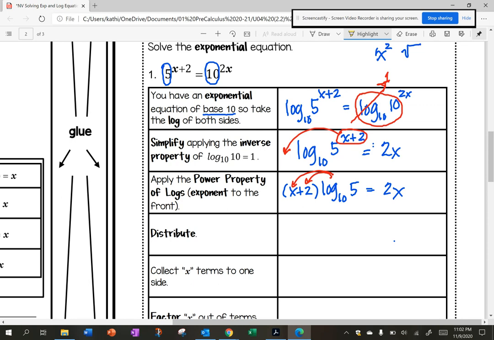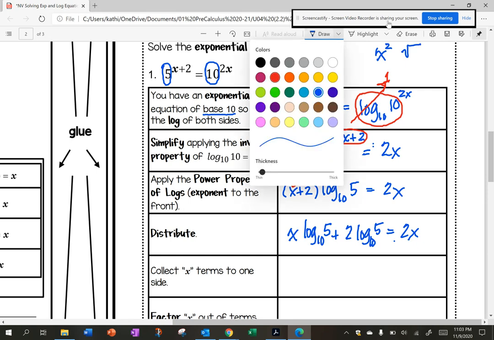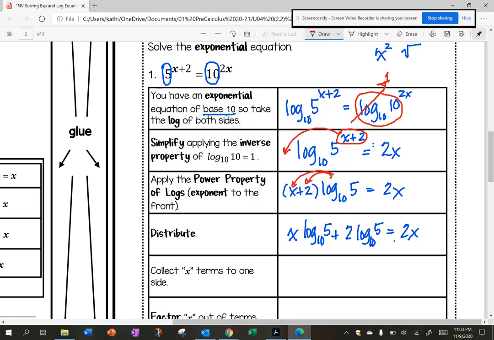So this is x times the log base 10 of 5 plus 2 times the log base 10 of 5 equals 2x.